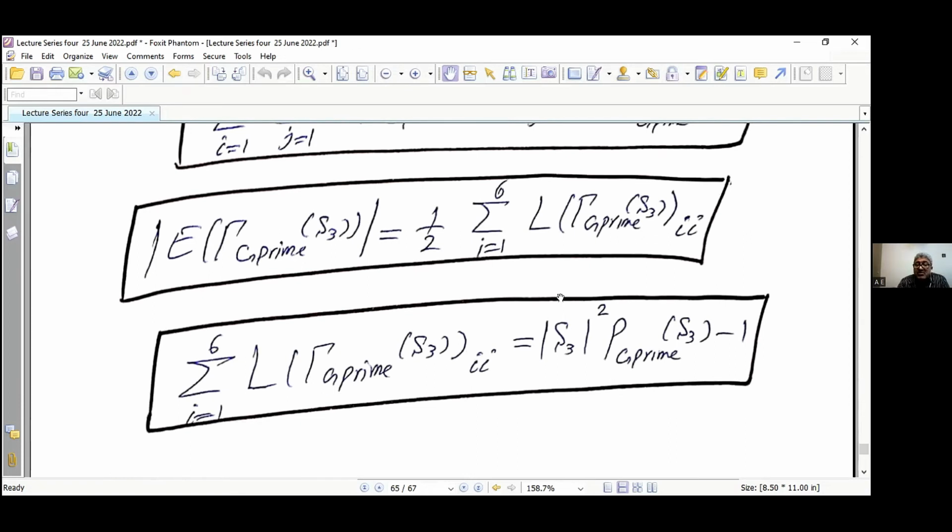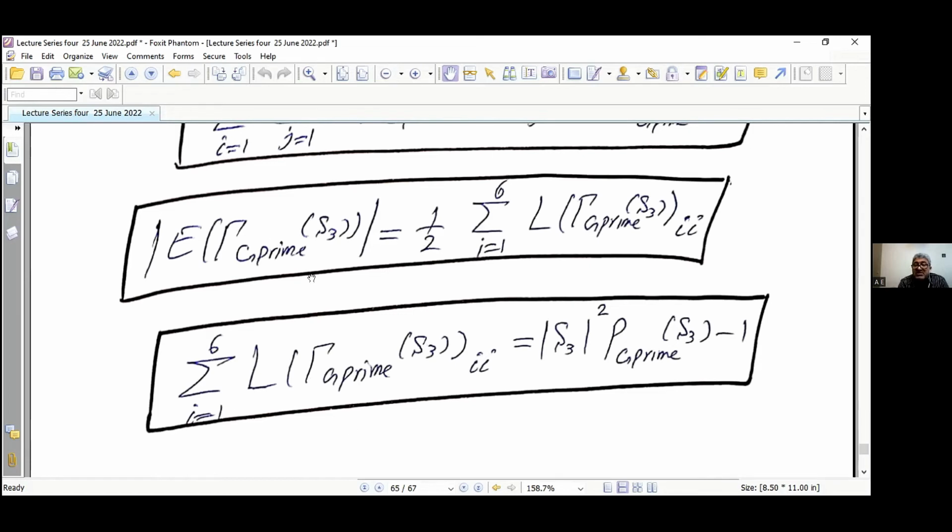Here also you can see that the sum of all entries on the diagonal of the Laplacian matrix is the order of S3 squared times the co-prime degree minus 1.